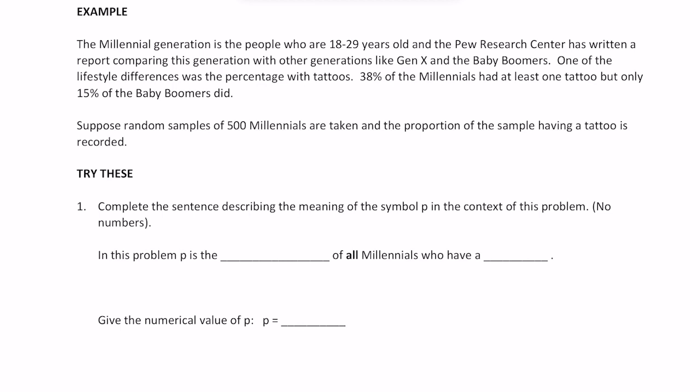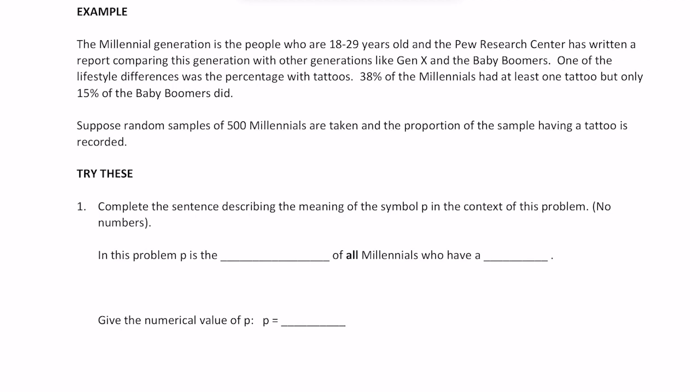One of the lifestyle differences was the percentage of tattoos. 38% of the millennials had at least one tattoo, but only 15% of the baby boomers did. Suppose random samples of 500 millennials are taken, and the proportion of the sample having a tattoo is recorded.